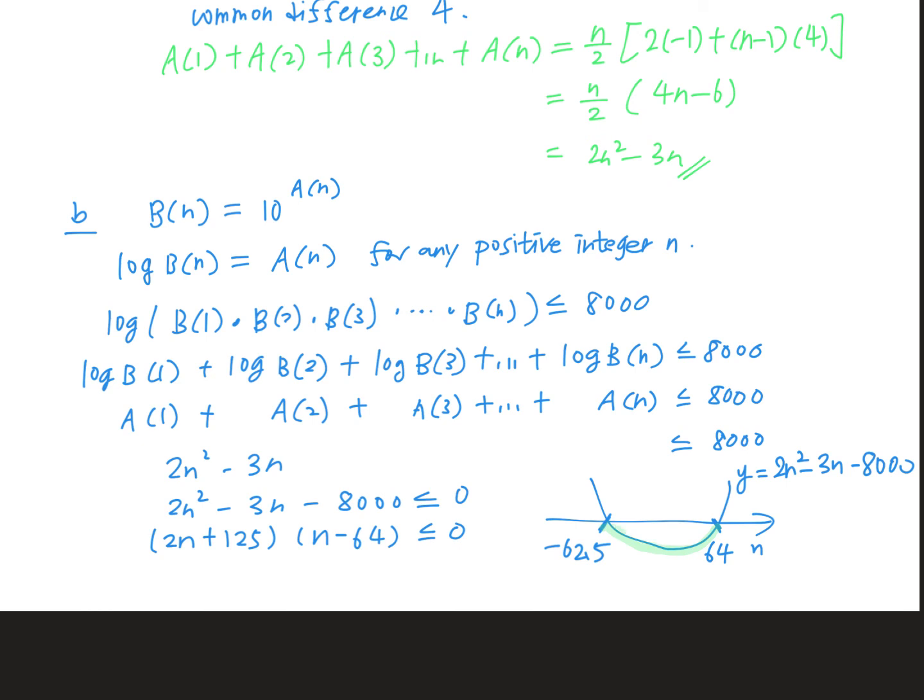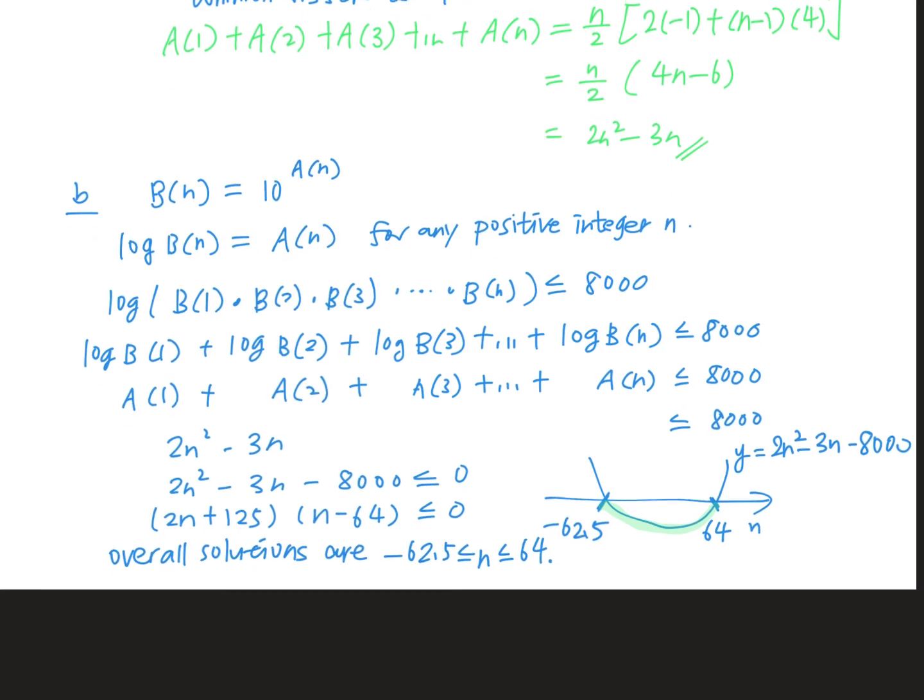So the overall solutions would be, actually, the inequality, so that would be between negative 62.5 and 64.